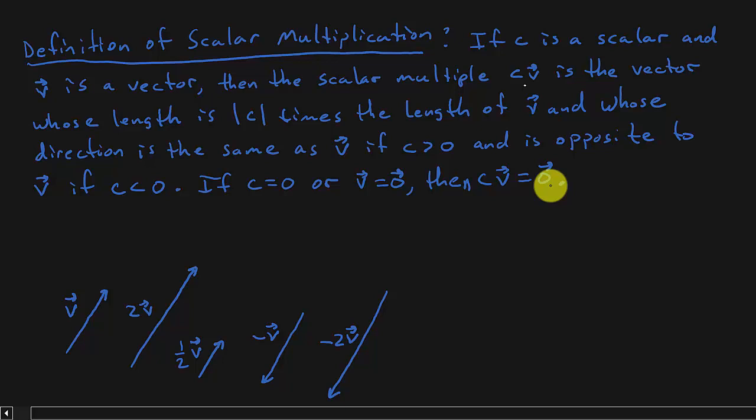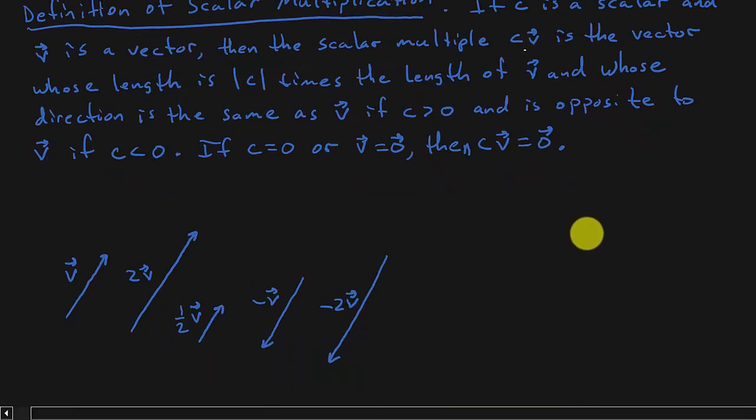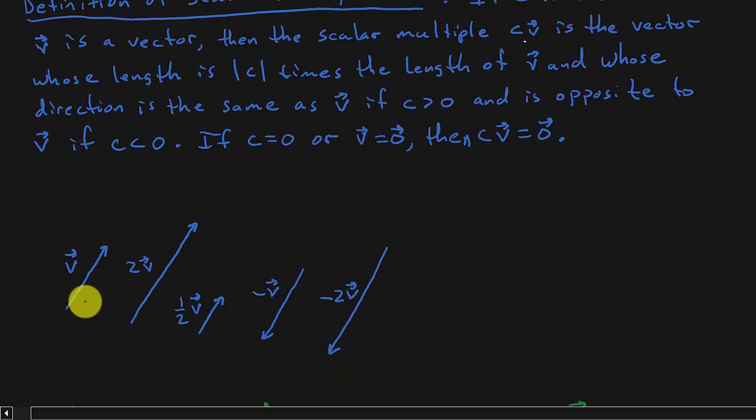All right. So now let's look at what they're talking about on scalar multiplication. So here we have vector V. That's what we're going to base everything off of, this vector V. So if I do 2 times vector V, it's going to go in the same direction. It's just going to double the length. And if I do half of vector V, same direction, it's just going to be half the length.